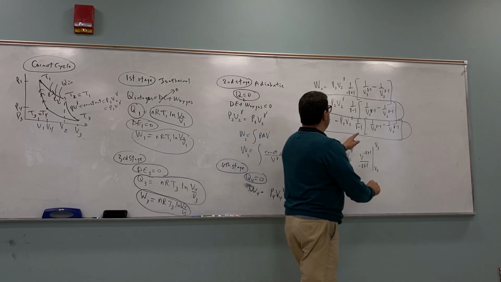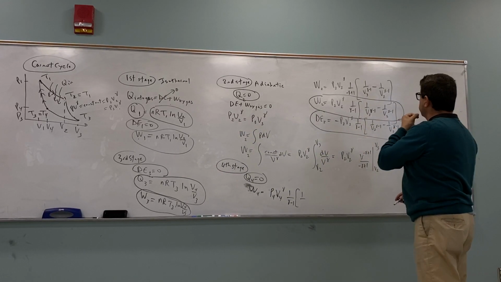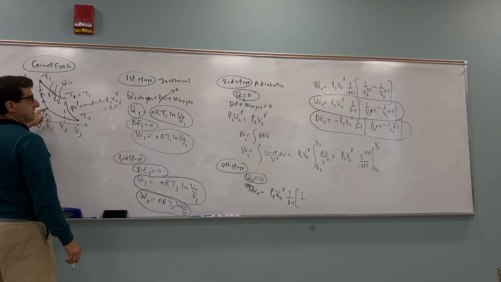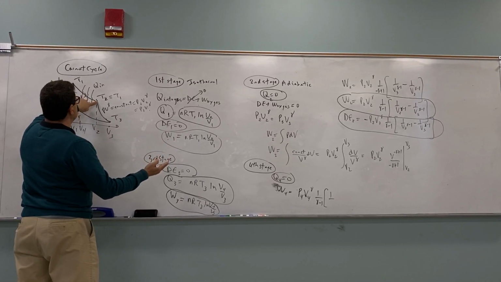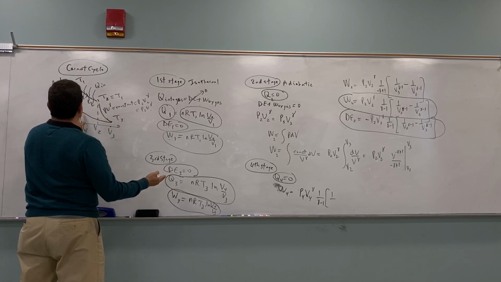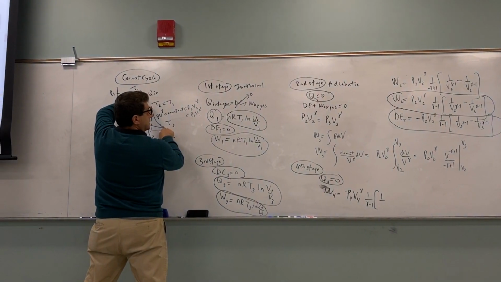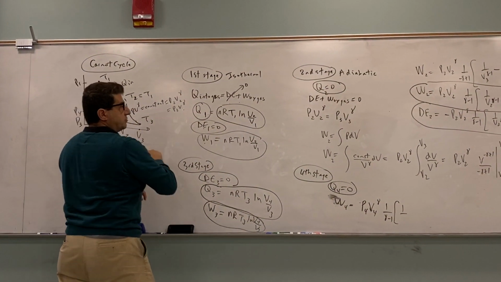And then instead of V2, it's going to be V1? Yeah, let's see, from V2 I replace it with V4, and then V3 I replace it with V1.